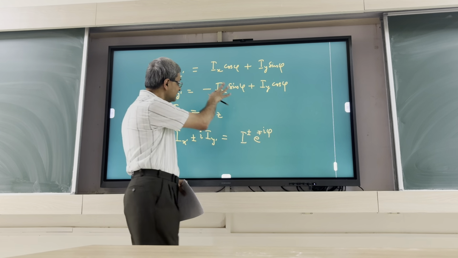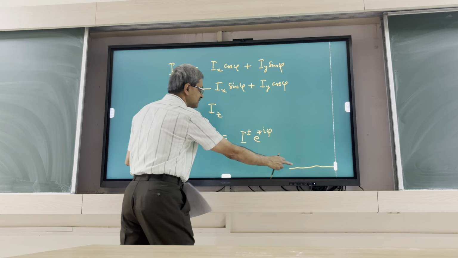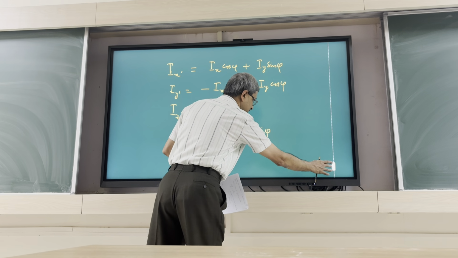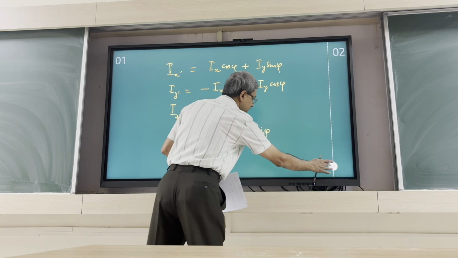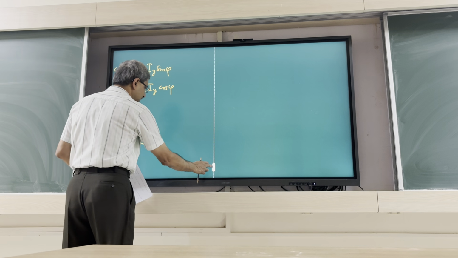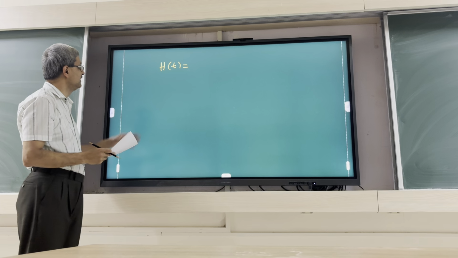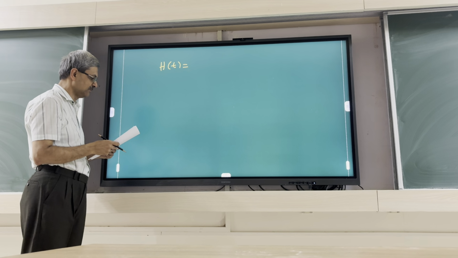So this is useful because once we have identified these, we can rewrite. So once again, I have this H, which is the magnetic field. Okay, the curly H is the Hamiltonian.